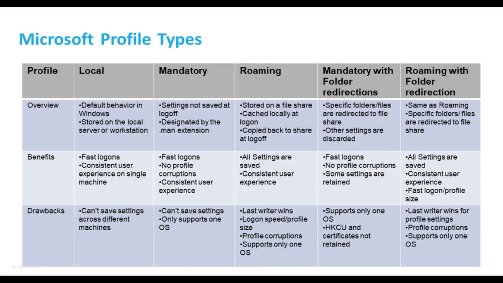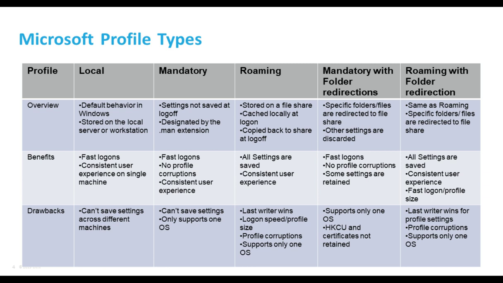But for mandatory profiles, we can have persistence for various items like your shell folders, which is great because if we're publishing an OS that requires the users to be able to save a shortcut to the desktop or to make a change, you can do that with a mandatory profile. However, you have some issues still that you don't run into with the roaming profile. The major one is various certificates that are normally saved to HKey current user are not retained.